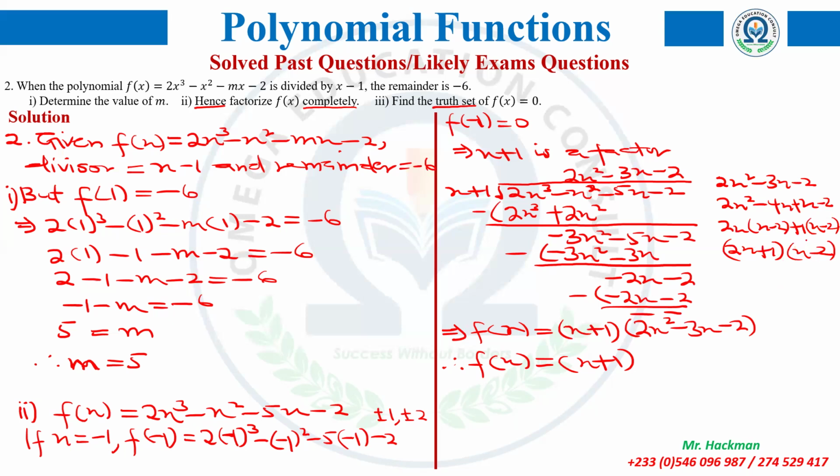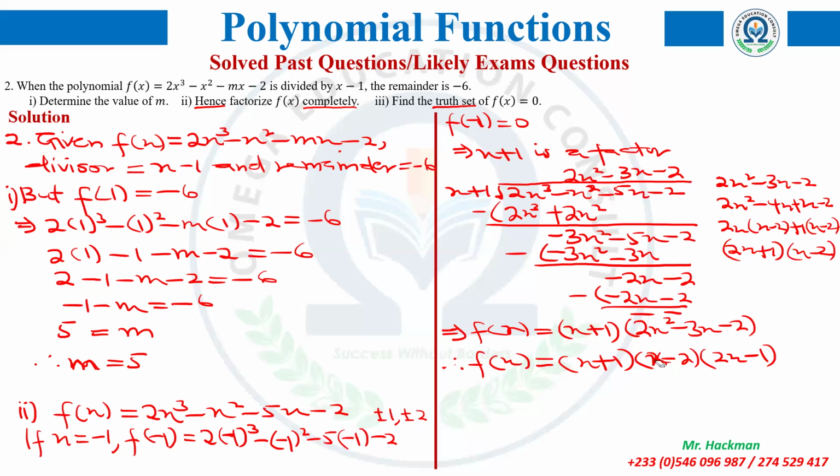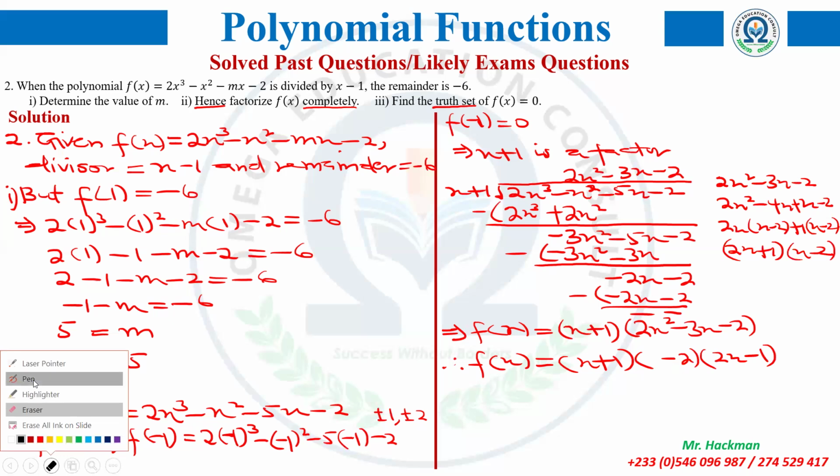I regard the pretty one as the one with the coefficient of x being 1. So I'll write that one first here, which is x minus 2, followed by the other factor, which is 2x plus 1. So I am through with my factorization. That's why my conclusion is drawn. It means now my factorization is complete. Take note of that.